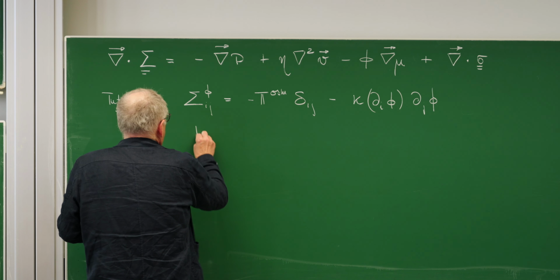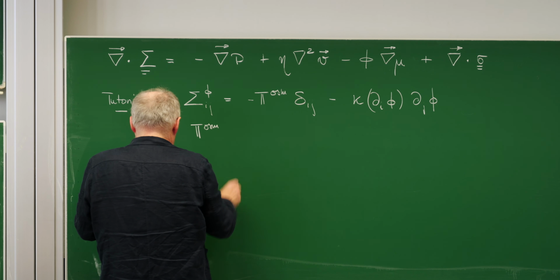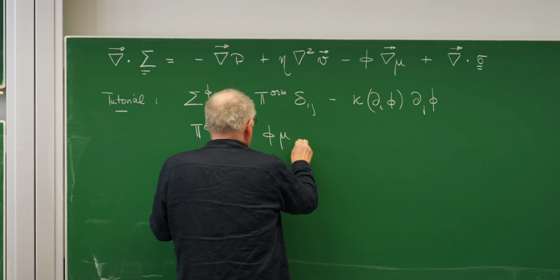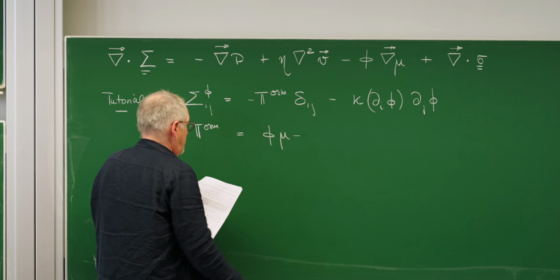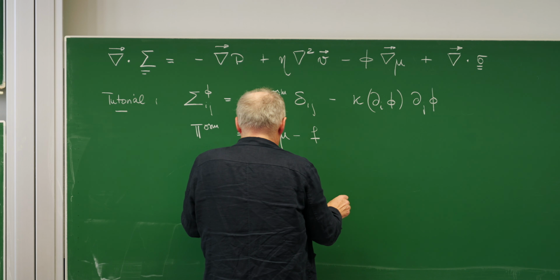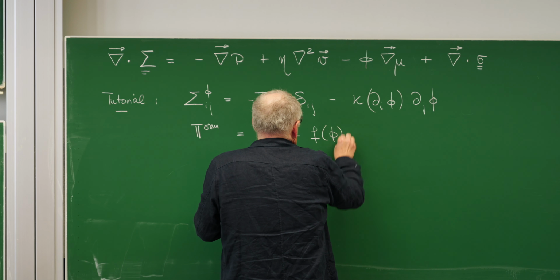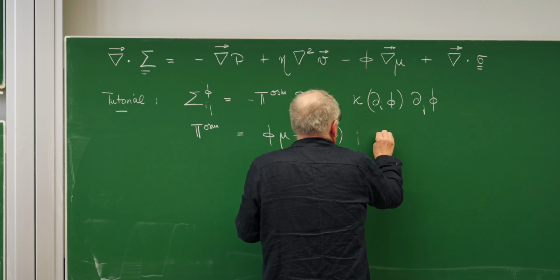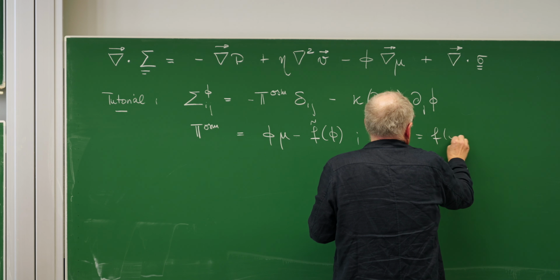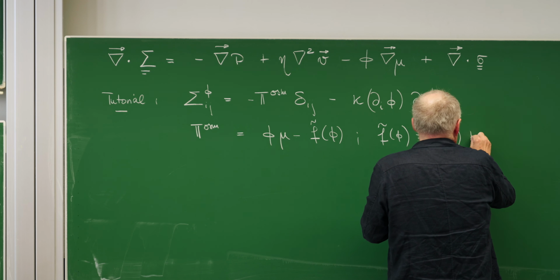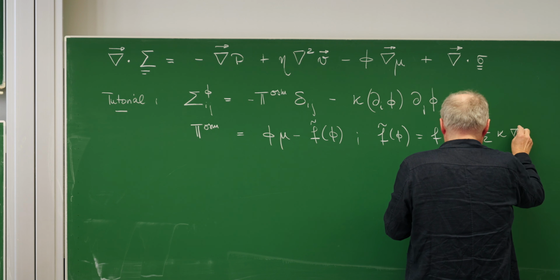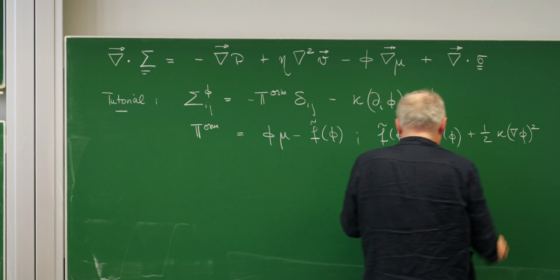And P osmotic is how the osmotic pressure is defined. That's the density times the chemical potential minus f of phi, where f of phi is the local term plus a half times the gradient of phi squared.